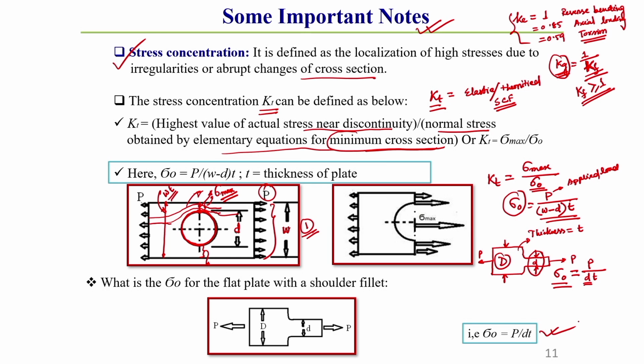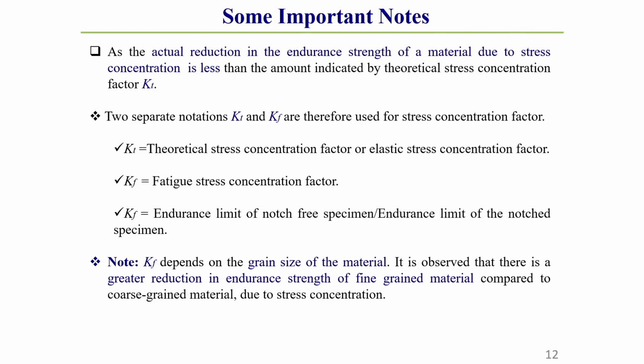So you got the idea of what the theoretical or elastic stress concentration factor is. But in the case of fatigue, the actual reduction in endurance strength of a material due to stress concentration is less than the amount indicated by the theoretical stress concentration factor.